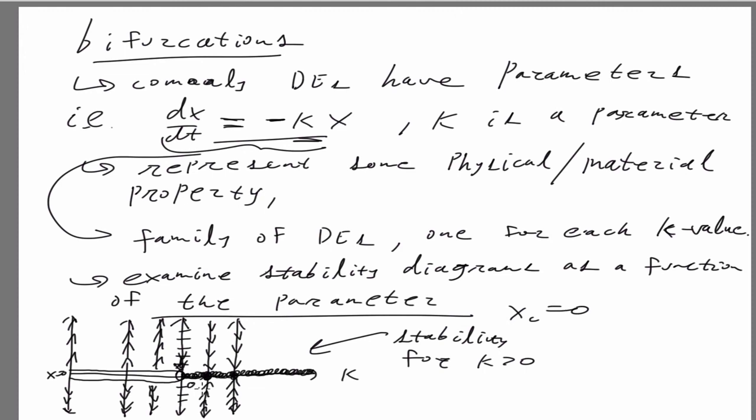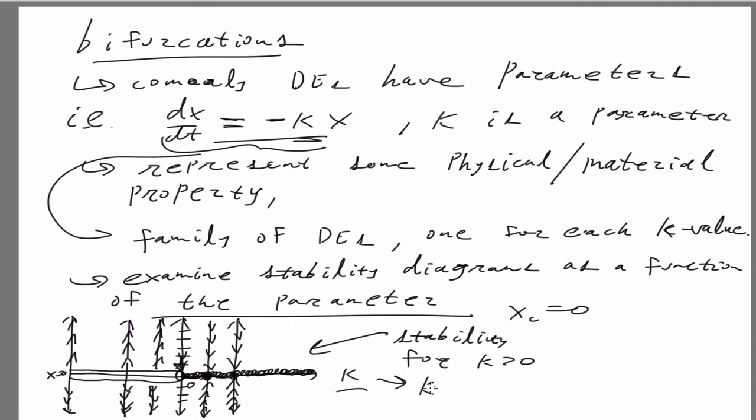So this is what I call a bifurcation diagram. There are many ways to discuss or render this, but the idea is that if you stack a bunch of phase diagrams as a function of a parameter, then you can examine how k determines stability.